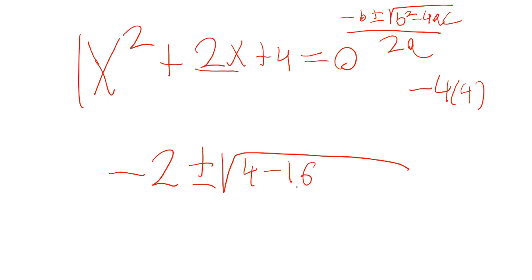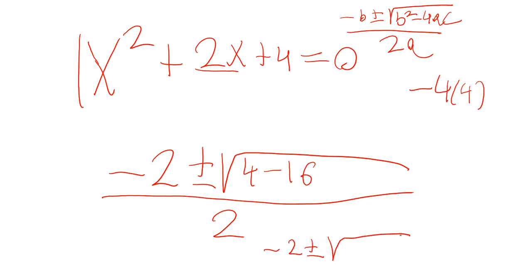Over here we just have 2, because 2 times 1 is 2. Now let's compute this. This is negative 2 plus or minus the square root of 4 minus 16, which is negative 12, over 2.